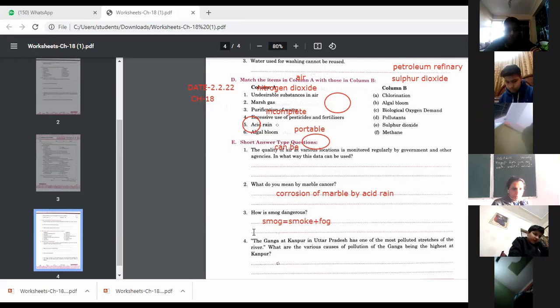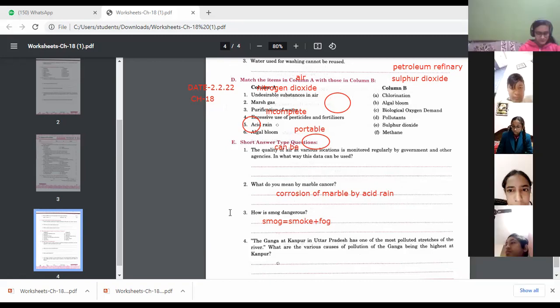Okay, fine. Bathing and washing of clothes is done. Ma'am, many industries are set up near the banks of the Ganga river, and they throw the waste of their factories and industrial area into the river. That's why it gets polluted. Okay, any other reason? Especially we are talking about this Kanpur place.